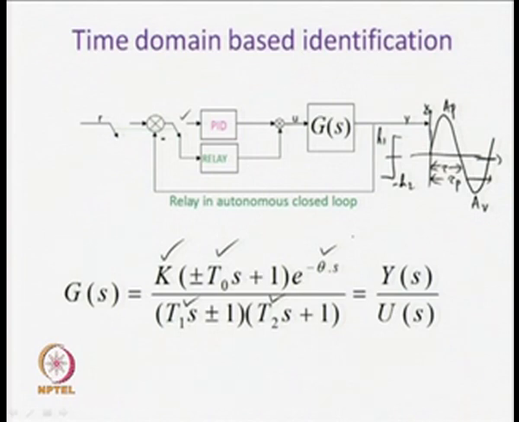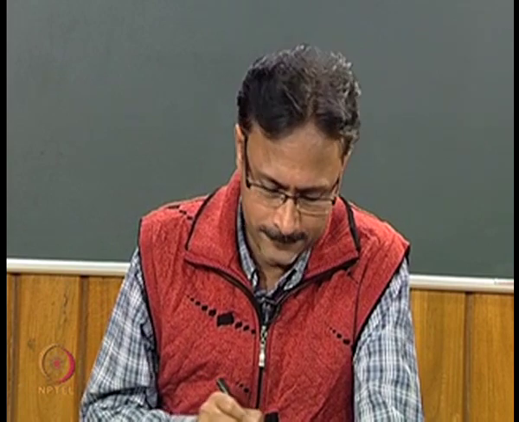So, we have to assume that any one of the parameters is found by some other method or estimated by some other technique. Then it will be possible to make use of the 4 explicit expressions we derive for obtaining the transfer function model.